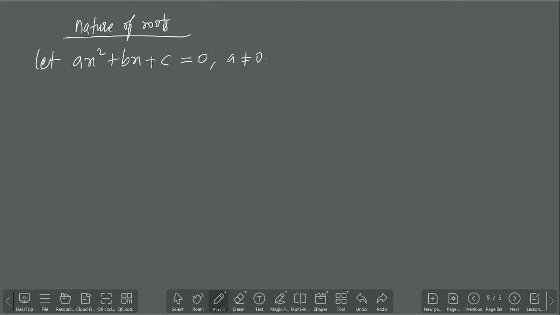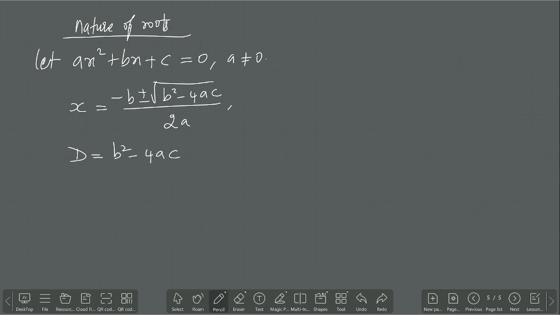If you want to solve this equation, we use the formula minus b plus or minus square root of b square minus 4ac, whole divided by 2a. In this formula, we can take the part under the root as D. D means discriminant. So D is equal to b square minus 4ac. Here you can put a box for that.